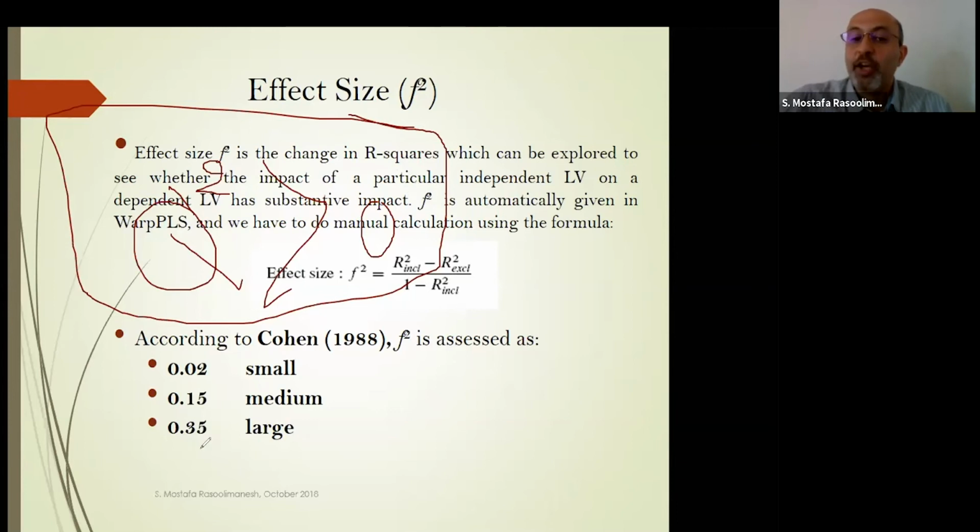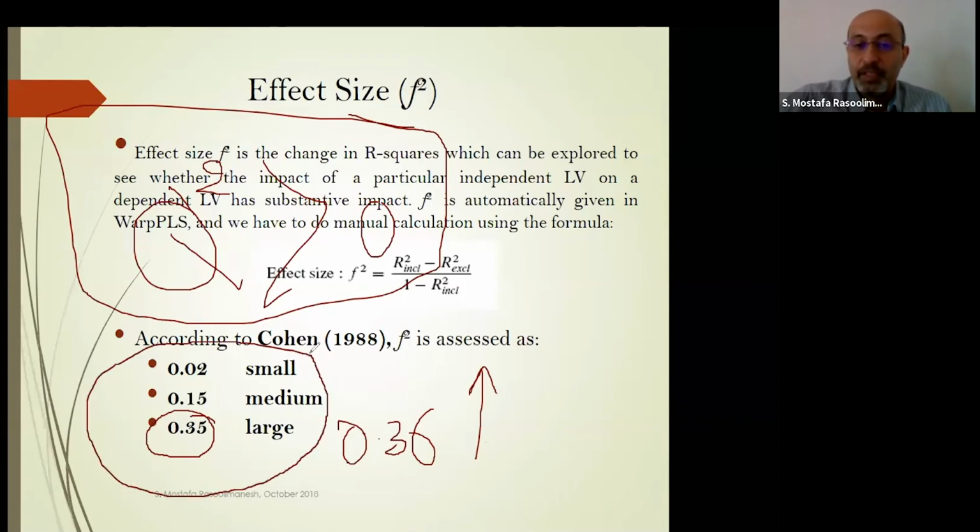So Q square higher than 0.36, if I'm not mistaken. Higher than 0.36 is considered very high. So these criteria, if I'm not mistaken, also apply for Q square, but not lower than 0.02.